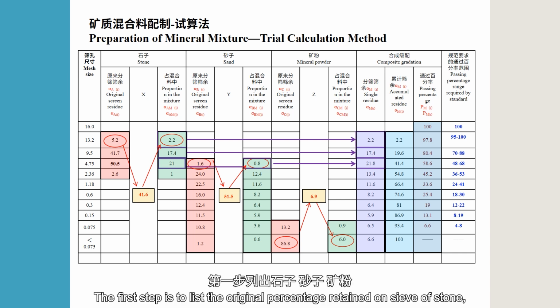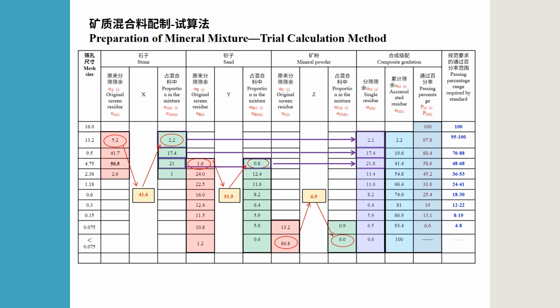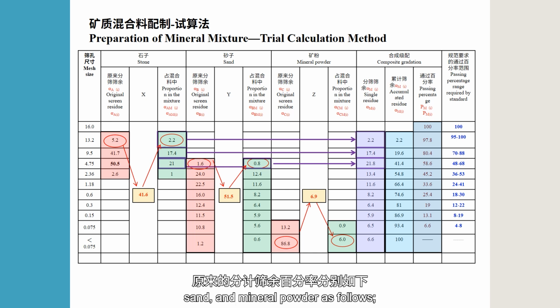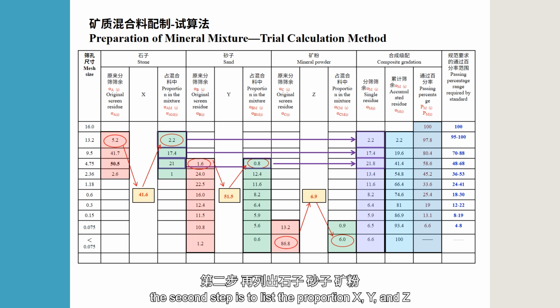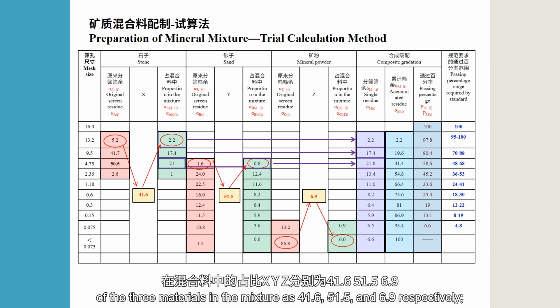The first step is to list the original percentage retained on sieve of stone, sand, and mineral powder as follows. The second step is to list the proportion X, Y, and Z of the three materials in the mixture as 41.6, 51.5, and 6.9 respectively.